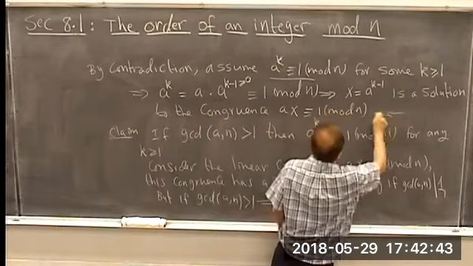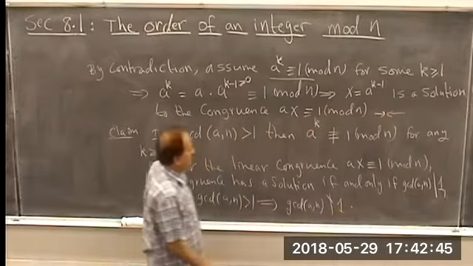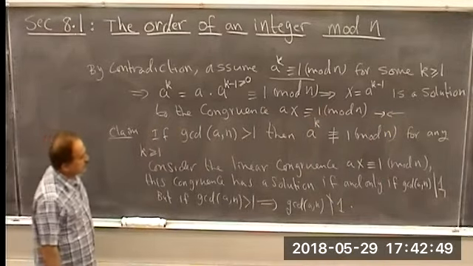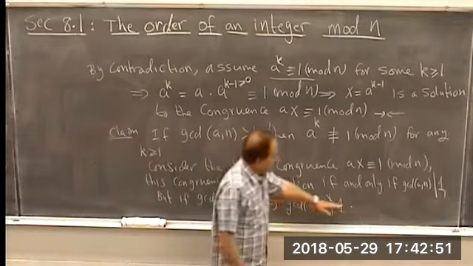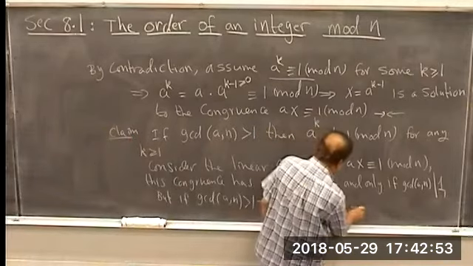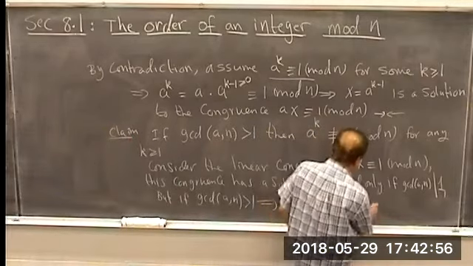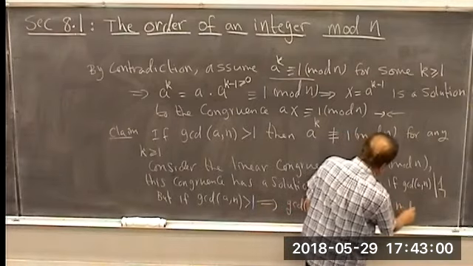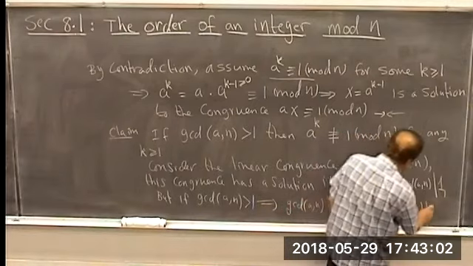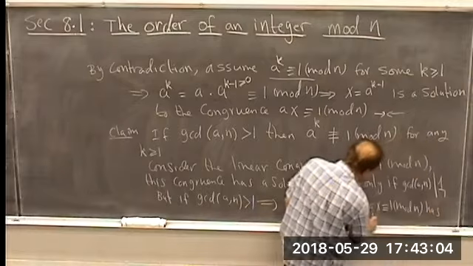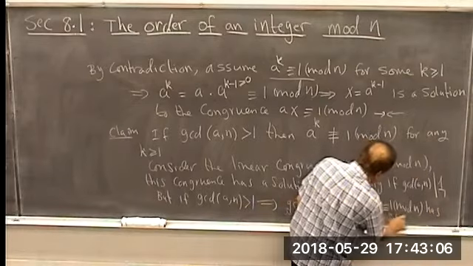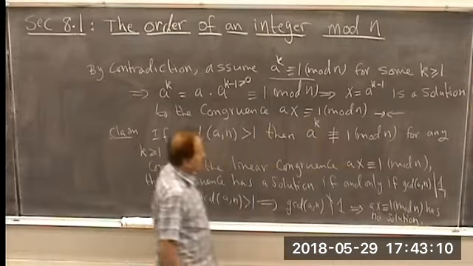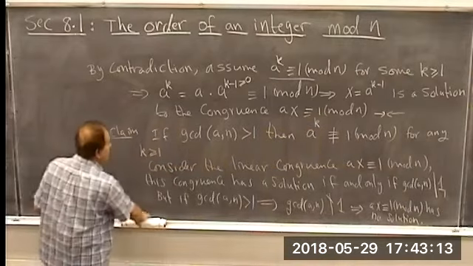But this is a contradiction, because we said that this congruence has no solution, in the case the greatest common divisor of a and n is bigger than 1.